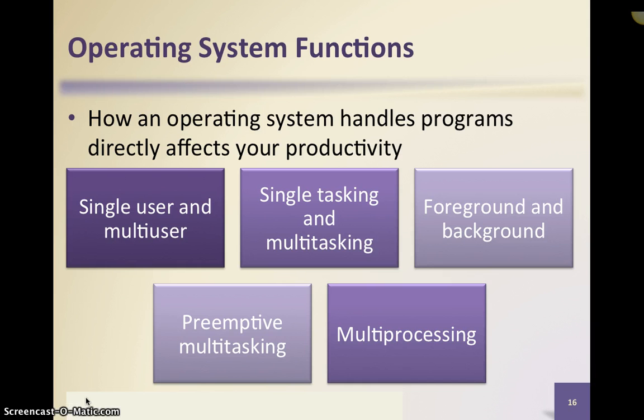That's changing rapidly with the advent of smartphones. It helps determine what's in the foreground and what's in the background. Preemptive multitasking means you're doing a task and it will interrupt the previous task instead of letting it finish. And then there's multiprocessing, where we've got lots of processes running all at the same time.